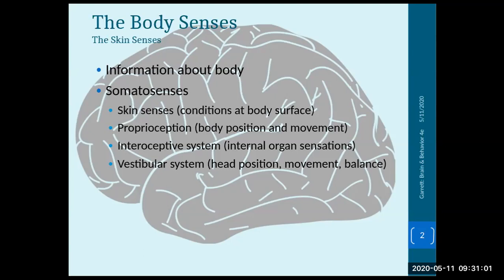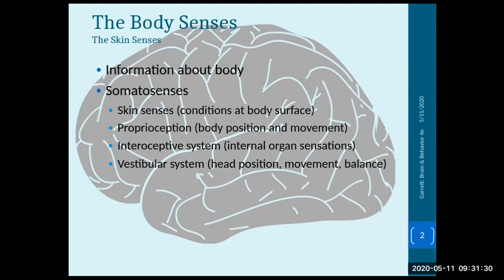The sense of touch gives us information from our body about things that we are touching or things that are touching us so that we know what's happening in the real world. This is called our somatosenses. Remember, it goes to the somatosensory cortex in the parietal lobe. So this tells us information from our skin senses, meaning is something touching us? Are we touching something? Are we hot or cold?